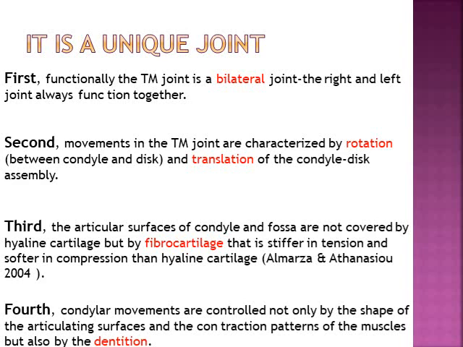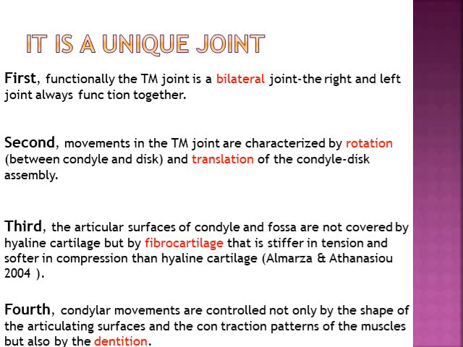The TM joint is a unique joint because, first, it functions as a bilateral joint together. Second, it moves in two types of movement: rotation and translation.